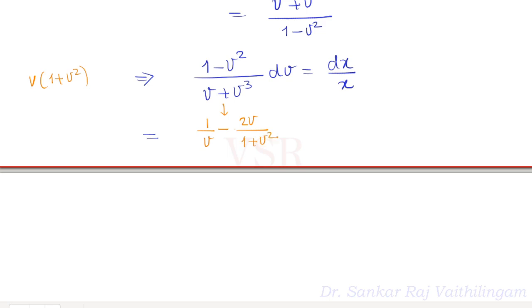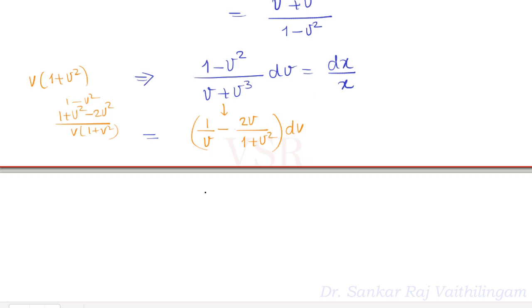Now multiply and check: cross multiplying, what do we get, this into dv. Cross multiplying gives 1 plus v square minus 2v square divided by v into 1 plus v square. So here a v square, here minus v square, so this is equal to 1 minus v square. Did you get it? So we have made it a partial fraction.